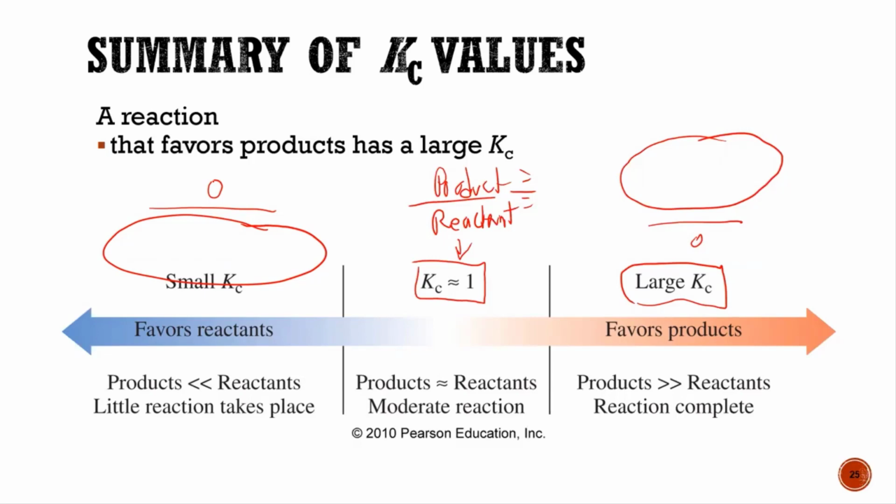So like 1 over 10 to the 9 would give me a 10 to the negative 9. That's a small number. I have much more reactants. Just like 1 over 10 to the negative 6 gives me 10 to the 6. That's a big number. I have more product.